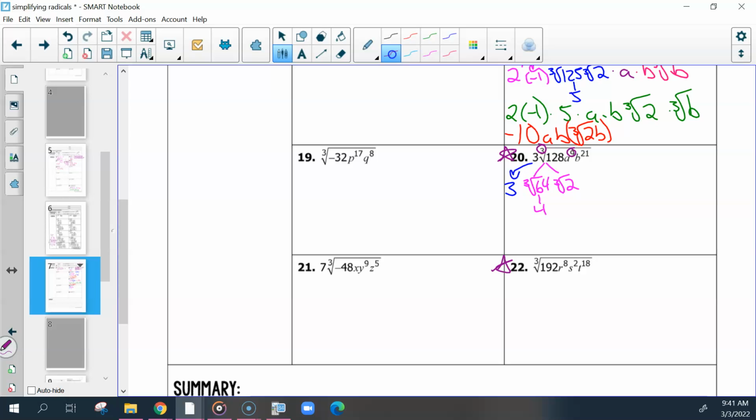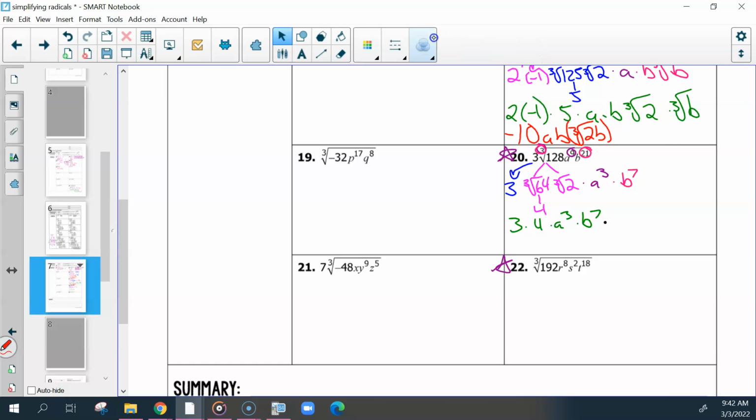Three goes into 9 how many times? 3. So it'd be a to the third. And 3 goes into 21 how many times? 7. So we have a little bit more simplified answer because not everything was underneath the cube root. So bringing everything that's outside, we have 3 times 4 times a to the third times b to the 7th.